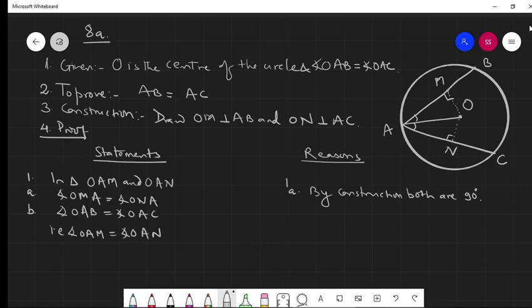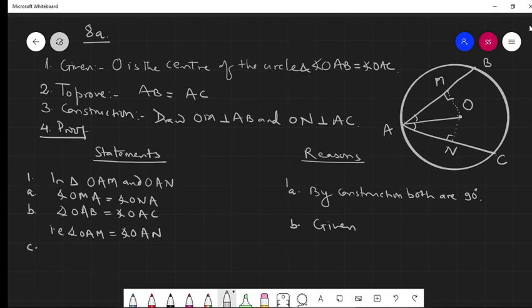OAB is OAM, OAC is OAN. That's why I have written this, and this is given. Angle OAB and angle OAM are the same angles. That means OAB is OAM and OAC is OAN, which is already given.